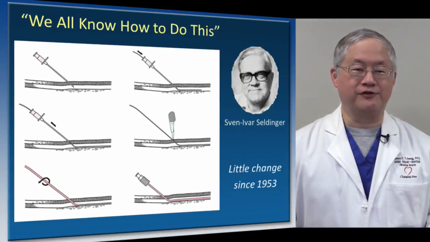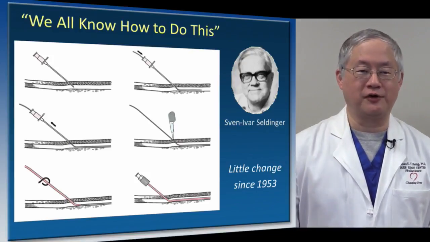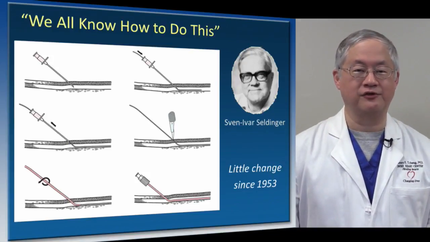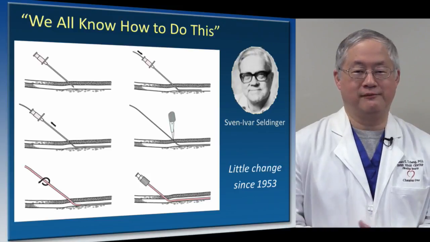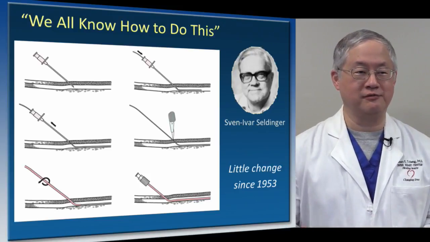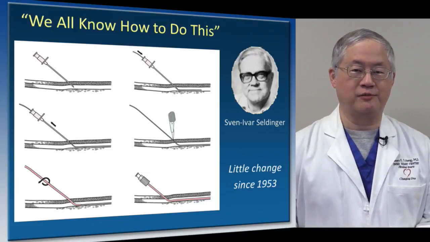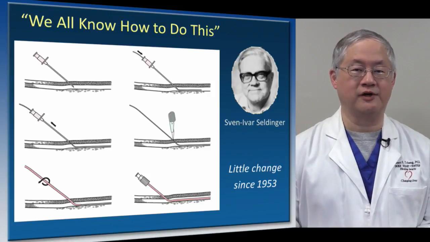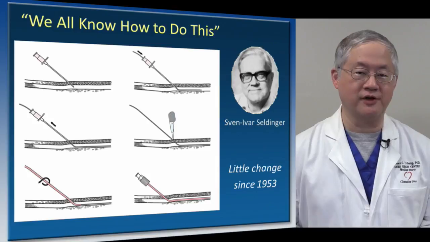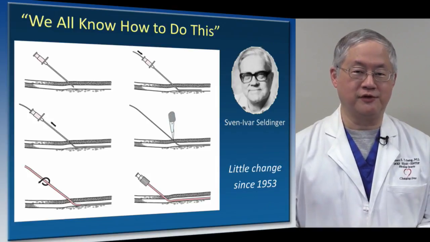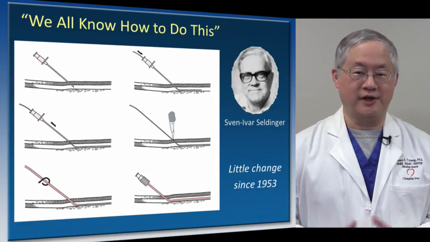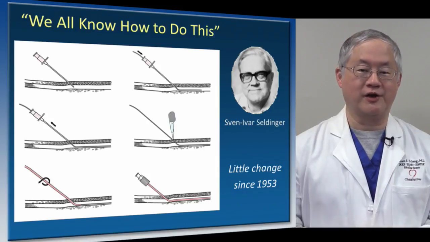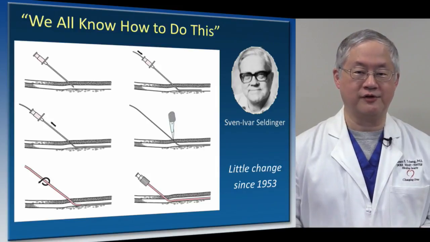So you might be asking, why do we need to hear a talk about how to establish access into blood vessels? After all, we all kind of know how to do this. In medical school, we're taught how to perform venipuncture and to start IVs, and in fact, femoral vascular access is really not that much different than using an IV setup with a large bore catheter to establish access to larger vessels.